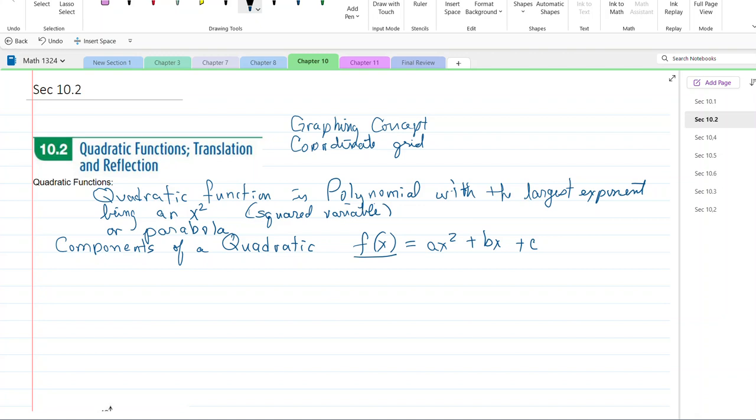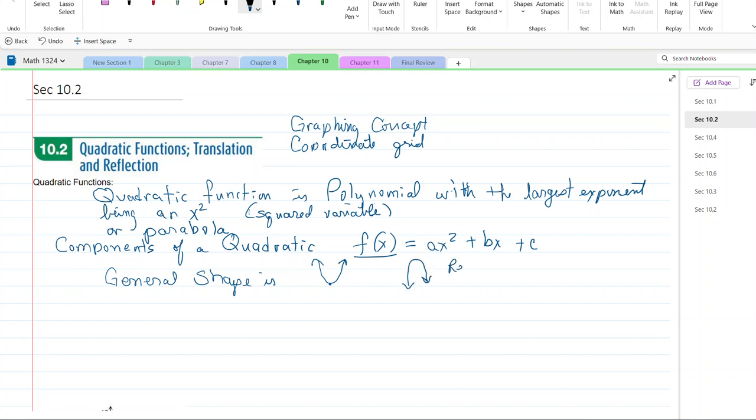Well, the general shape is like this. It's a U. And so we're going to first talk about this point. Now, the U can be like that or like this.